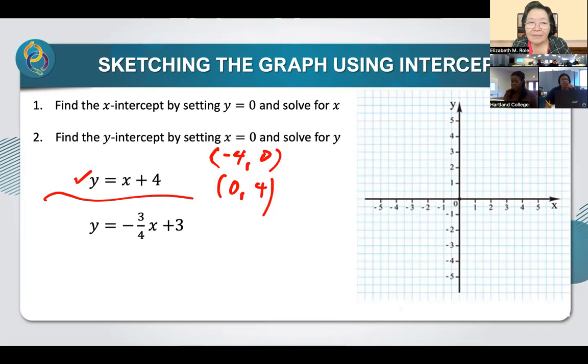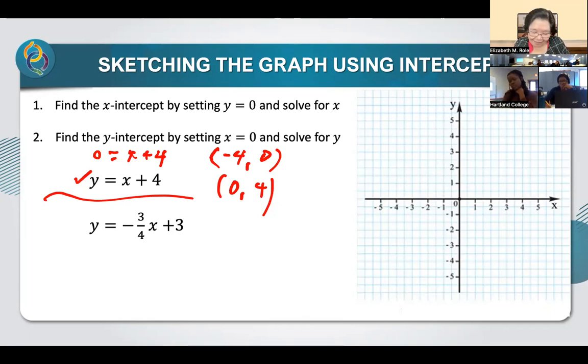So if y is 0, x is equal to -4. So 0 is equal to x plus 4. Most of the time, it's easy to look for the y-intercept, because you just make x 0 and then you'll have your y. But for the x-intercept, you just have to follow the principle. So then x is equal to -4.